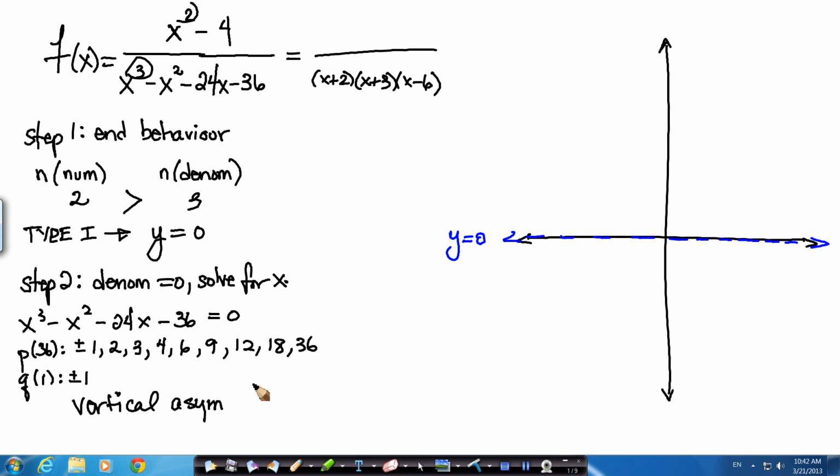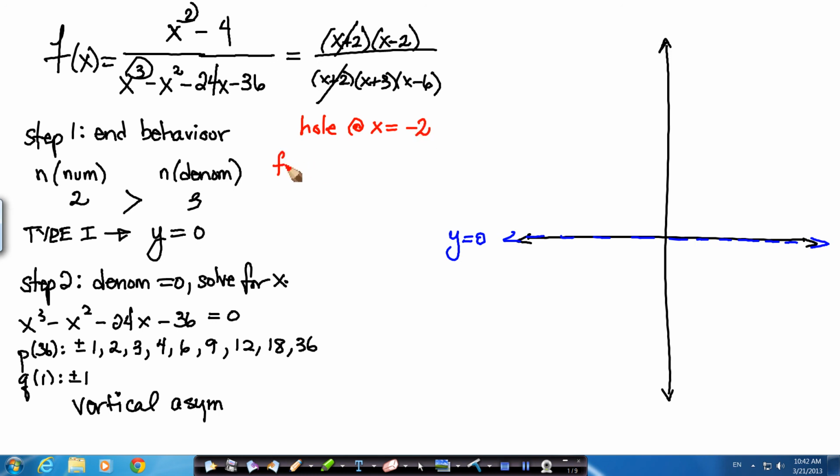Well, we know for sure that we can rewrite this numerator as x plus 2 times x minus 2, right? We have a common factor. That means, let's put it in red so we remember, we have a hole at x equals negative 2.